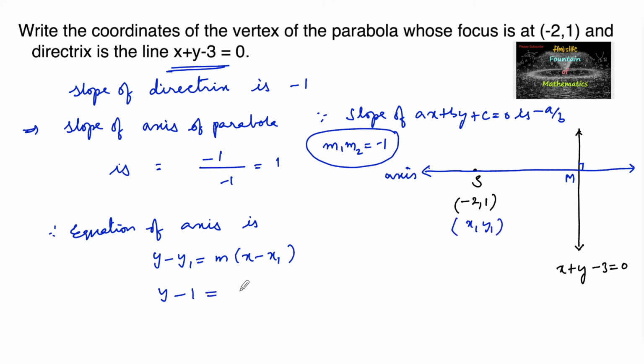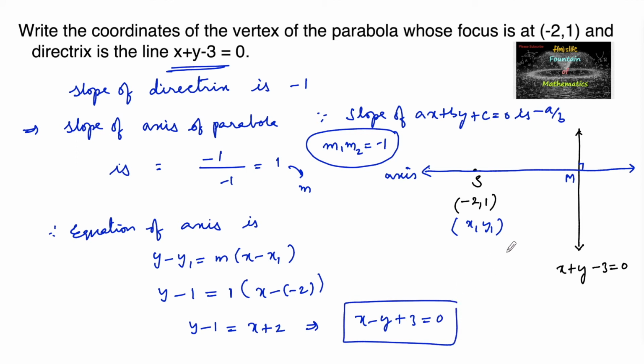So y minus 1 is equal to m, that is slope m is equal to 1, so 1 times x minus of minus 2. So that is y minus 1 is equal to x plus 2, which implies x minus y plus 3 equals 0. So this is the axis and the directrix is x plus y minus 3 equals 0.